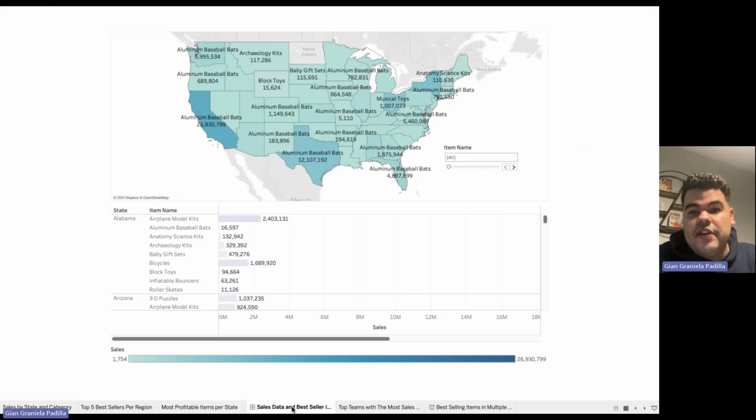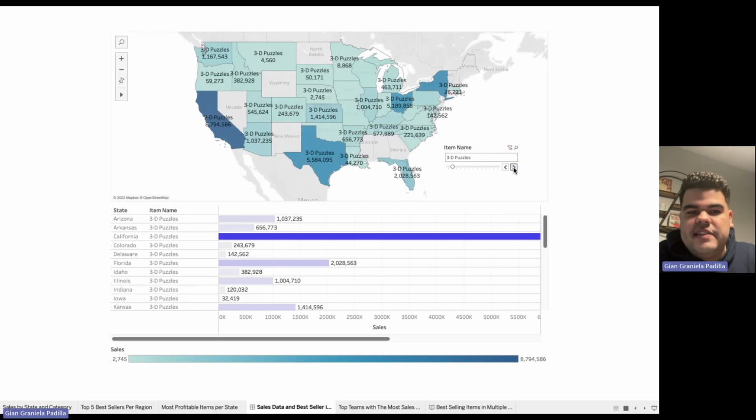So for the interactive worksheet, I decided to drill down a little bit more on the items that are being sold in every state. When you look up a specific item, let's say 3D puzzles, the chart at the bottom is going to show all the states that sell that specific item.